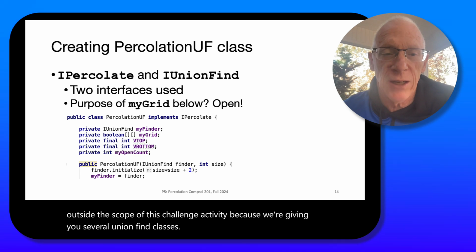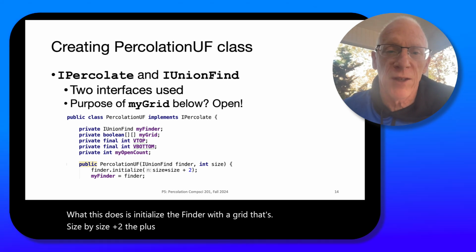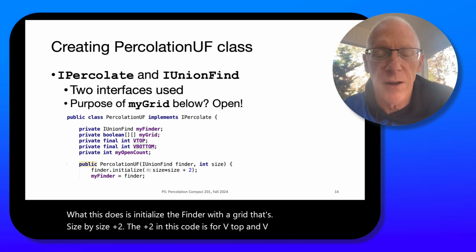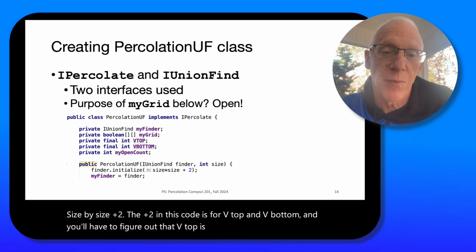What this does is initialize the finder with a grid that's size by size plus 2. The plus 2 in this code is for VTop and VBottom. And you'll have to figure out that VTop is likely -1 and VBottom is likely n squared.